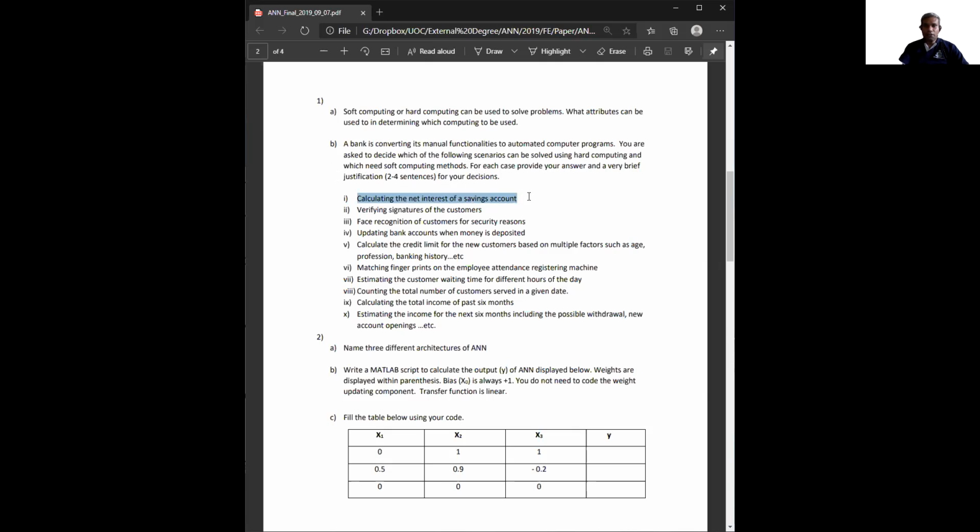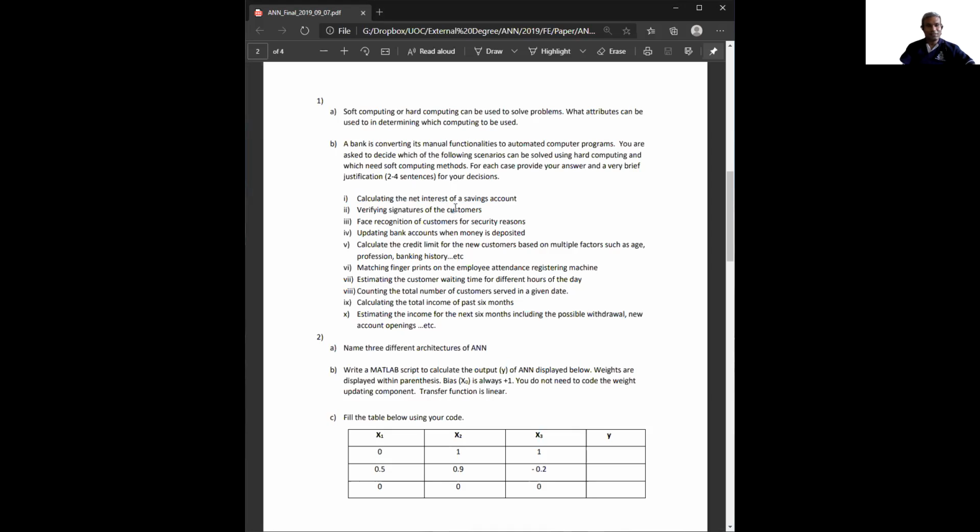First part, calculating the net interest of the savings account. Which one do you think is the best computing method, hard computing or soft computing? Calculating the net interest? It would be hard computing.